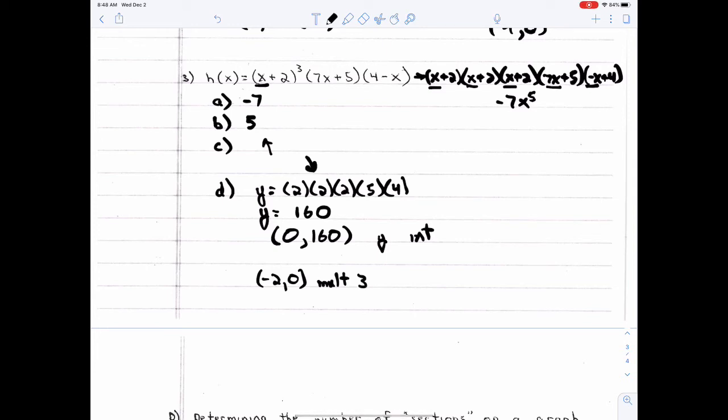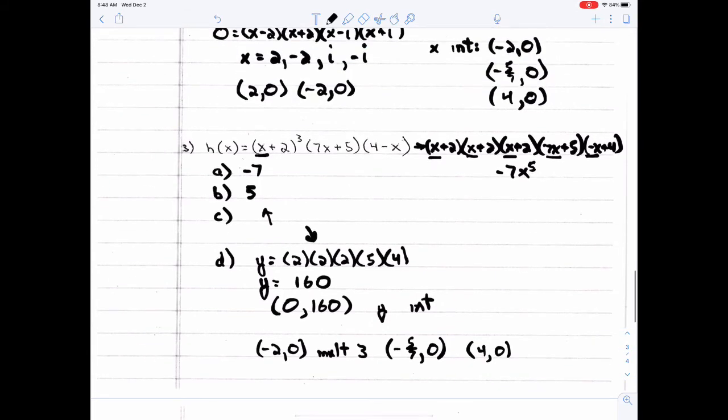We have negative 5/7, comma 0. And if we stick negative x plus 4 equal to 0, we'll get 4, comma 0. And again, you can write each of those equal to 0 if you want to, but it's not necessary. You can do it just by looking at it.